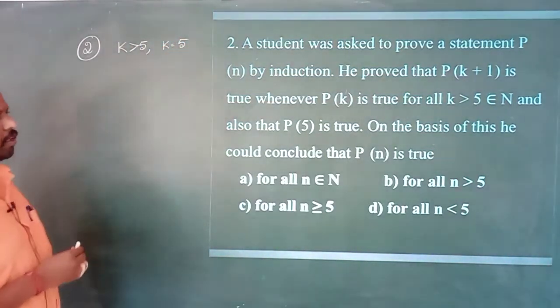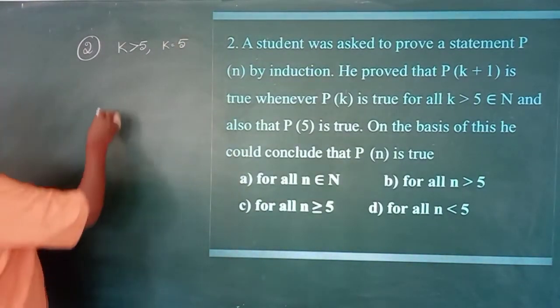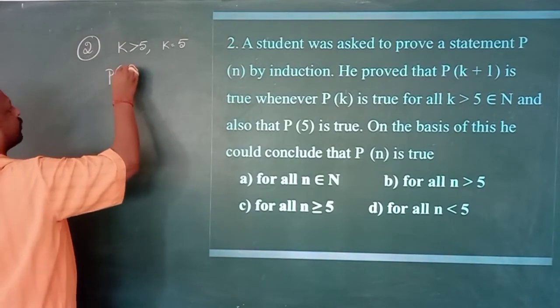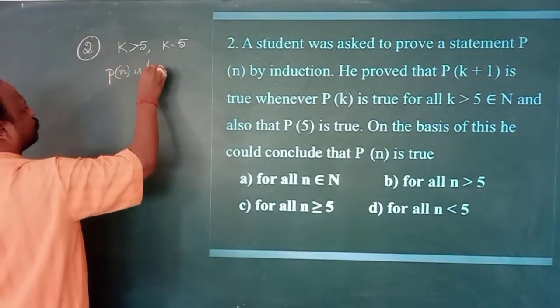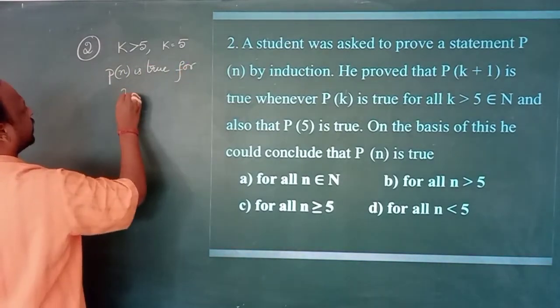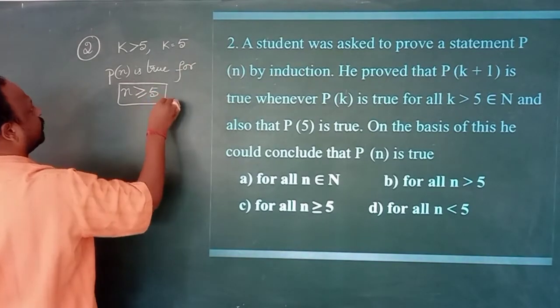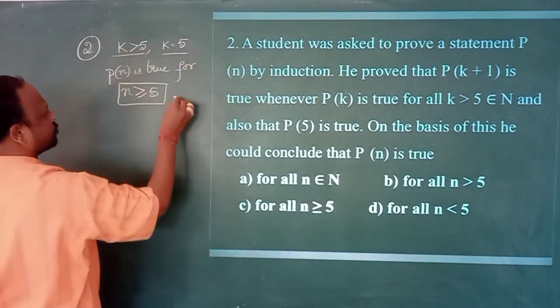Two conditions. On the basis of this, he could conclude that Pn is true for n greater than or equal to 5, because greater than 5 and equals to 5.